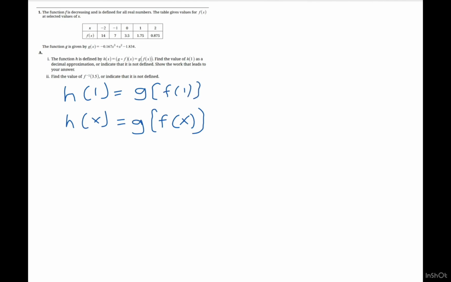Now first start by evaluating f of 1. We know that f of 1 from here is 1.75. So I take f of 1 to be equal to 1.75. And now what's left to evaluate for h of 1 is g of the output of f of 1, which is 1.75.